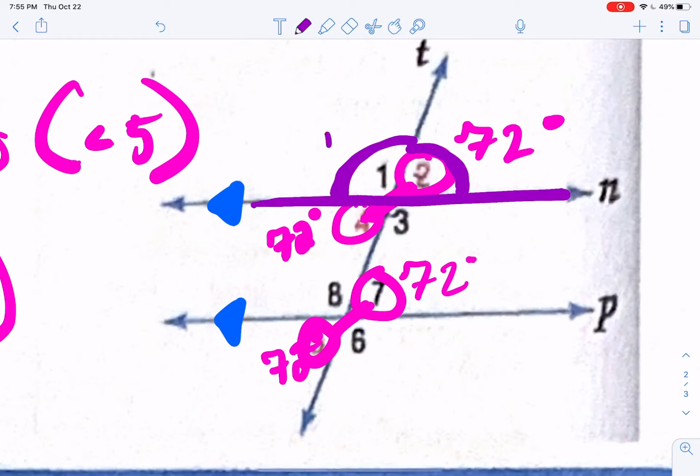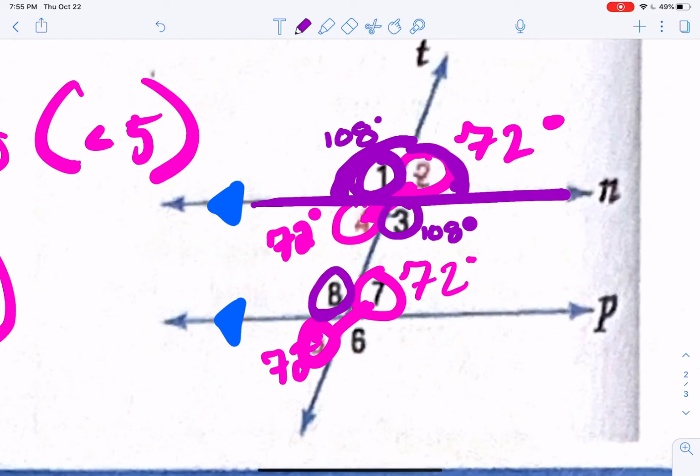So this would have to be 108 in order for these two angles together to add up to 180. But if angle 1 is 108, then angle 3 has to be 108 because those are vertical angles. And if angle 1 is 108, then angle 8 corresponds to angle 1. They're both in the top left corner of the intersection, so that one's going to be 108. And then angle 6 is vertical to angle 8, so that's 108 as well, okay?